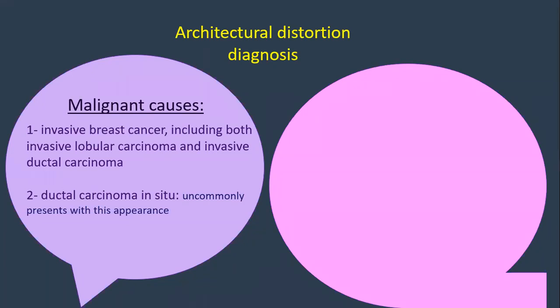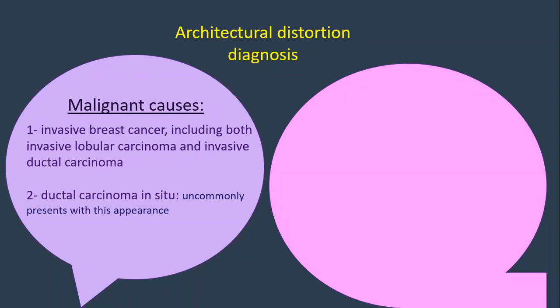What about the other benign causes? Complex sclerosing lesions. Okay, complex sclerosing lesion is the same as sclerosing adenosis? No. Radial scar. Yes. What is the difference between radial scar and complex sclerosing lesion?